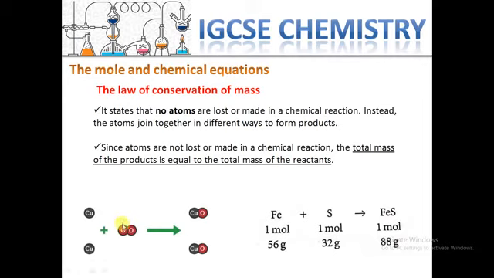Here is one example, the reaction between copper and oxygen. After the reaction, we have the same number of atoms as in the reactants. Like two copper in the reactants and two copper in the products, and two oxygen and two oxygen. So during the reaction, the number and type of atoms are not lost and not made.